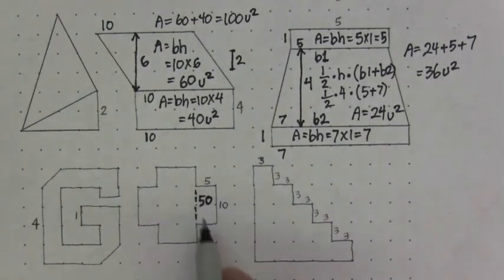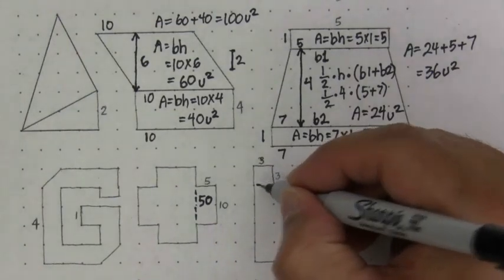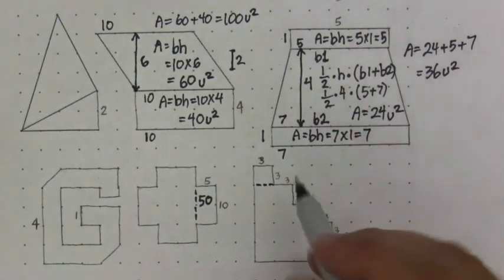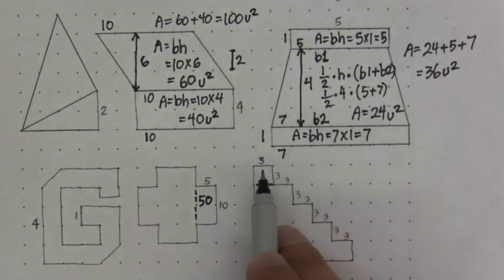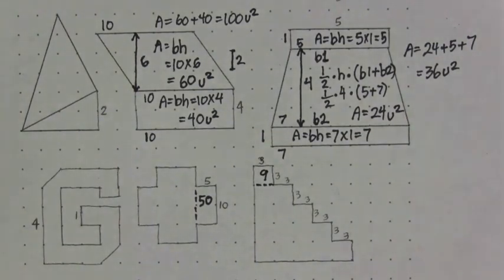From knowing that this is 50 square units, it's not too hard to calculate the area of this figure. In this other figure, we see that the area of one of these squares is 3 times 3, or 9 square units. From that, we can easily calculate the area of this figure.